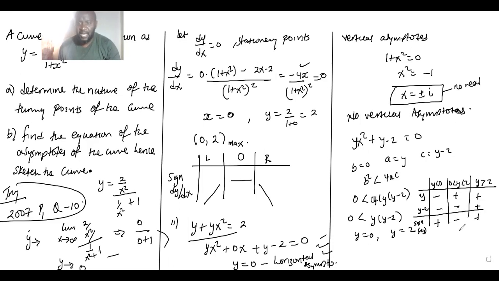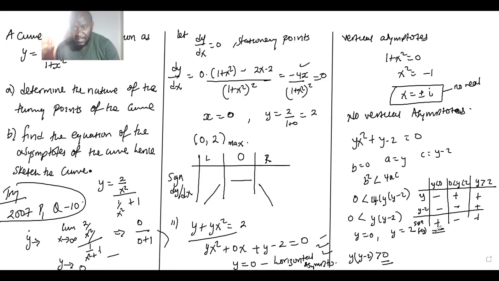So the region where the curve does not pass, the region where the curve is supposed to do what? The statement wanted 0 is less than y of y minus 2, it means y of y minus 2 is greater than 0. So we wanted a region which is positive.